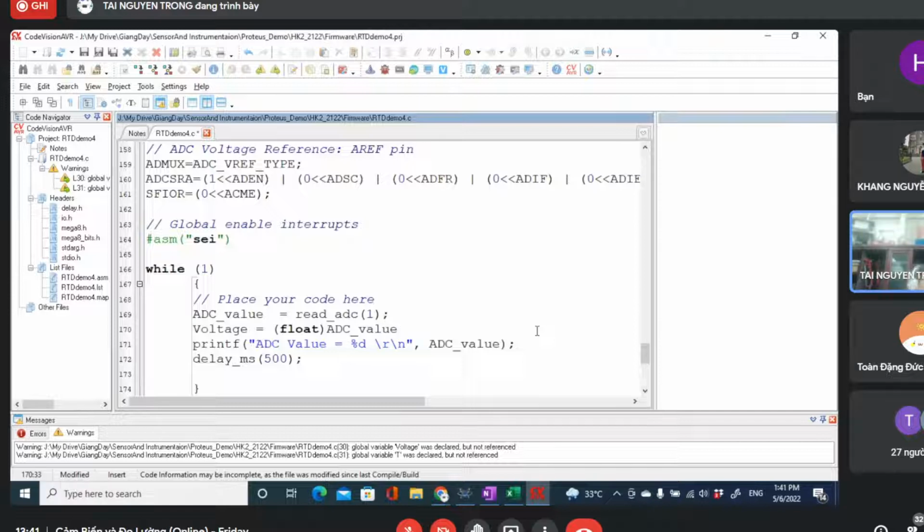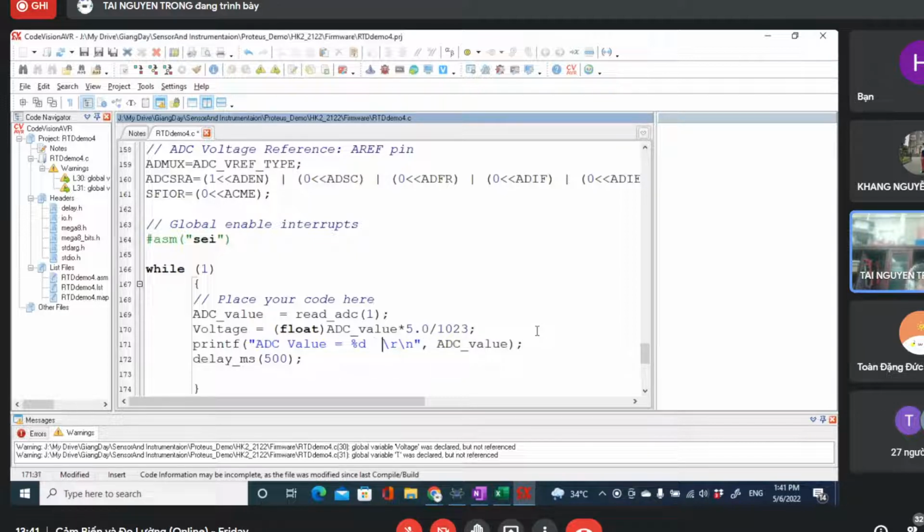It will be ADC multiplied by 5 volts divided by 1023. Voltage equals that.